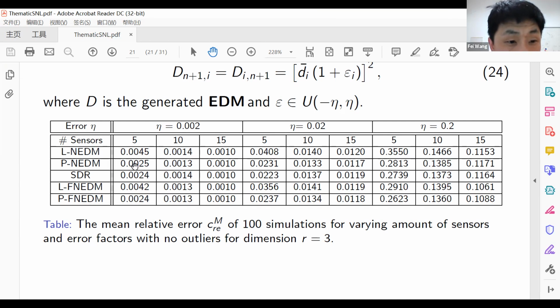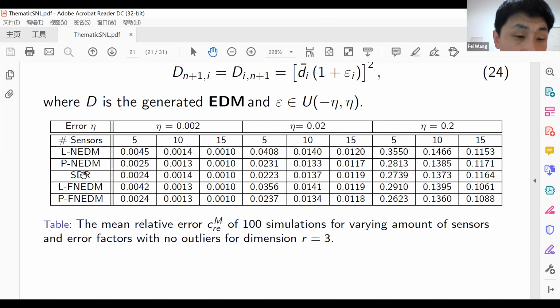Here in the first column, FNEDM P means we use the Procrustes approach, and L is the least square approach. There are two approaches to recover the towers for each model, for the EDM model and for the FNEDM model.